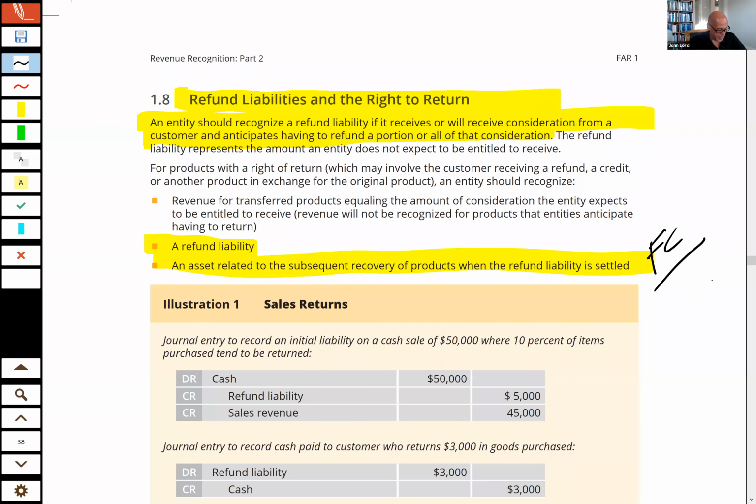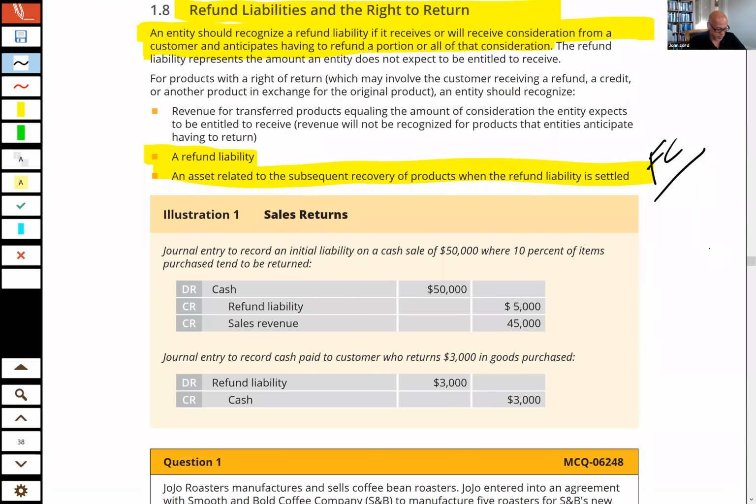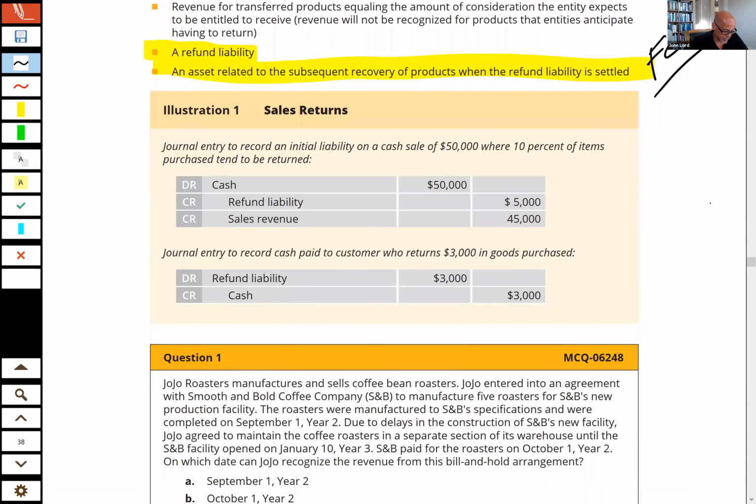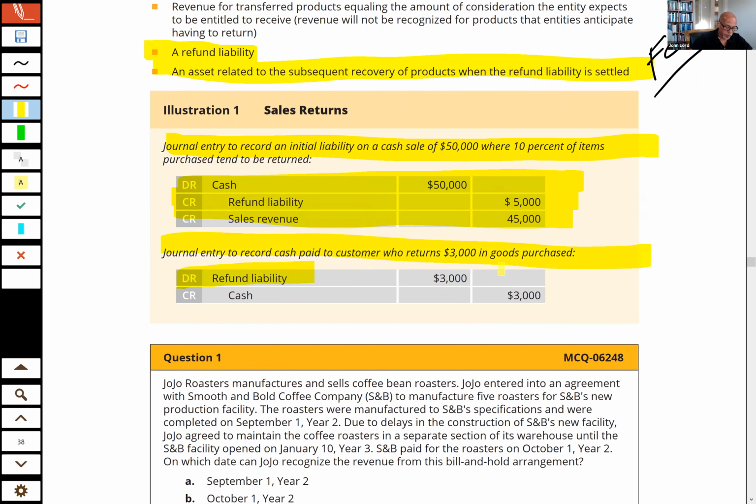But the way they've shown this is a little bit bothersome to me. I guess it's technically okay that they set up a refund liability when they have determined that 10% of their sales come back in the form of a refund. Okay. And then if somebody comes back and they return $3,000 worth, you debit the liability, you credit the cash, okay?